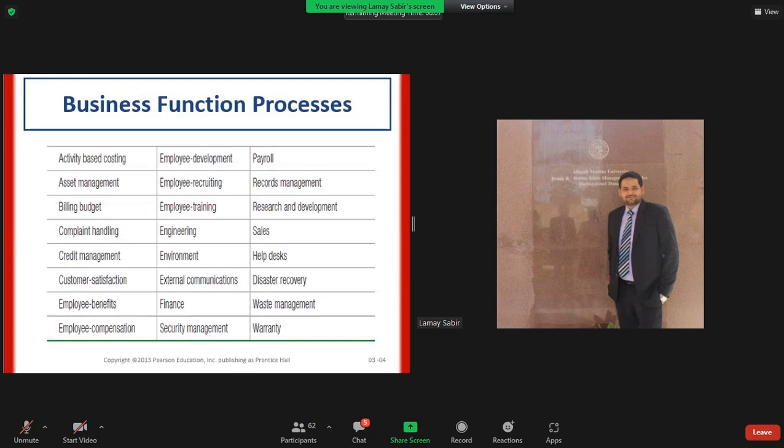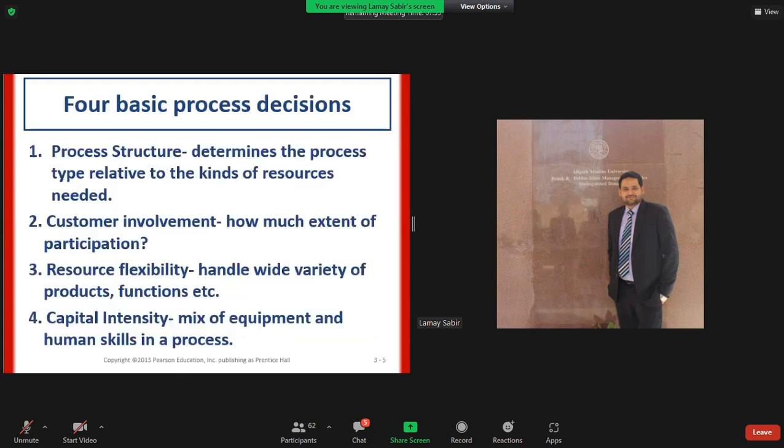So when I talk about process strategy, different processes are followed in an organization. There are four basic process decisions that need to be taken care of. To design a process or to formulate a strategy, you need to be very sure that these four decisions are followed.